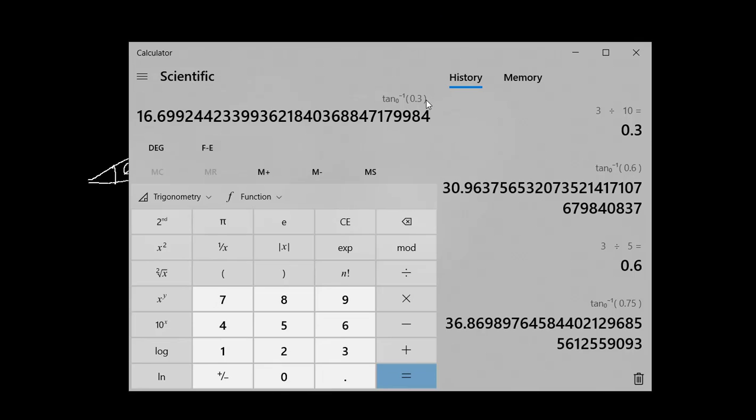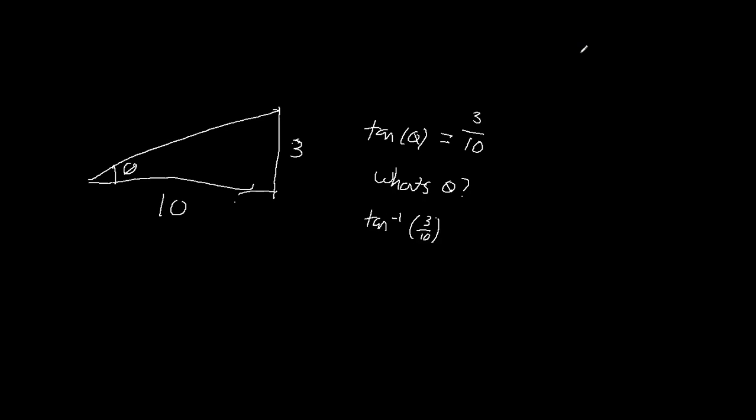Shift T. You should see the -1 pop up there. And so we know that the value here is going to be 16.699. So I'm going to round that and say that it is 16.7 degrees. This is the value of this theta in degrees.